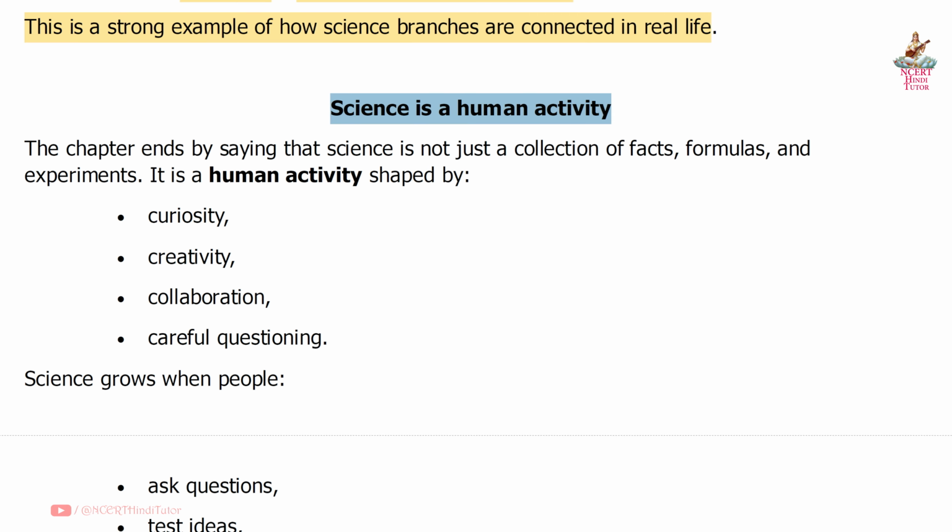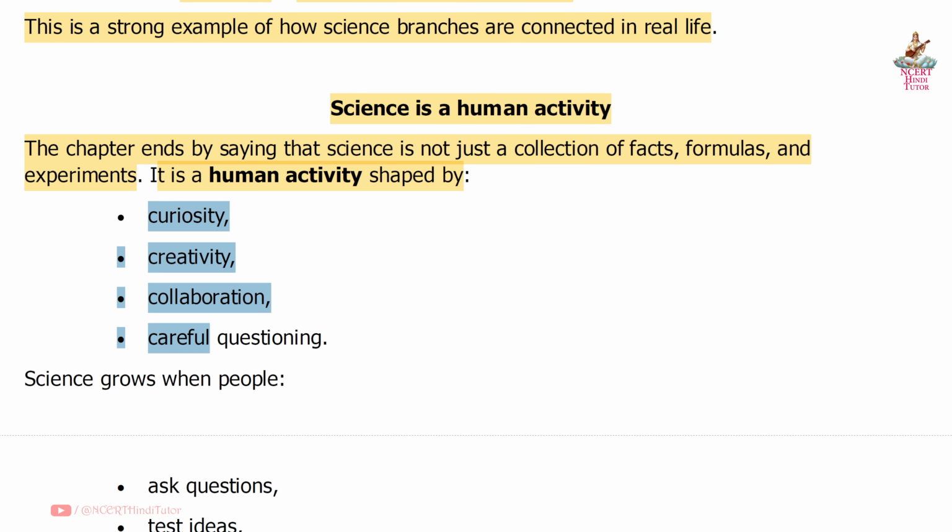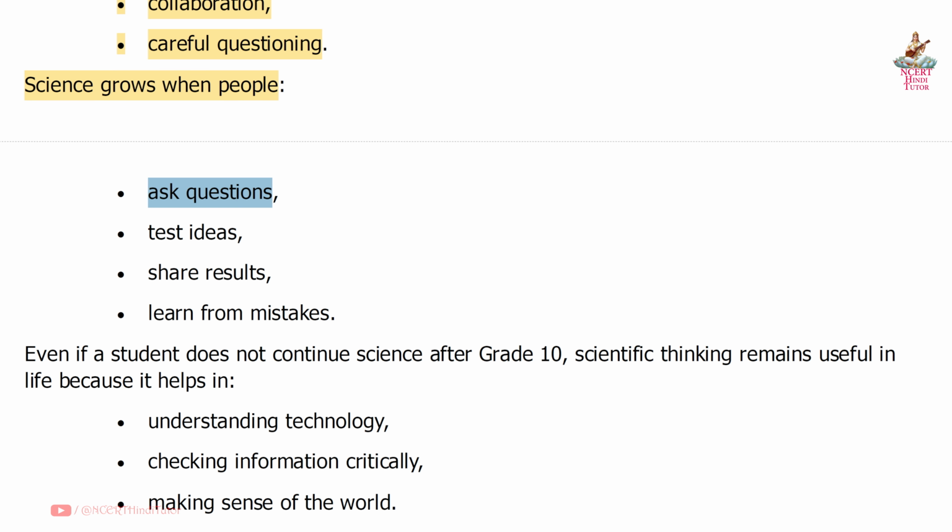Science is a human activity. The chapter ends by saying that science is not just a collection of facts, formulas, and experiments. It is a human activity shaped by curiosity, creativity, collaboration, careful questioning. Science grows when people ask questions, test ideas, share results, learn from mistakes.